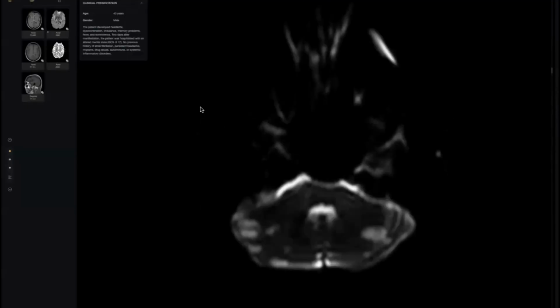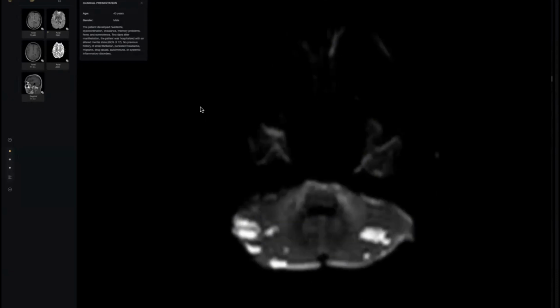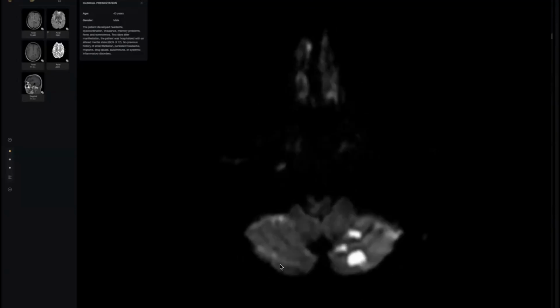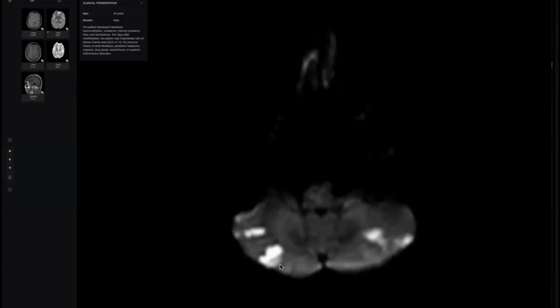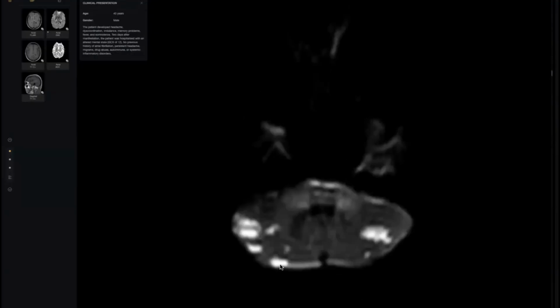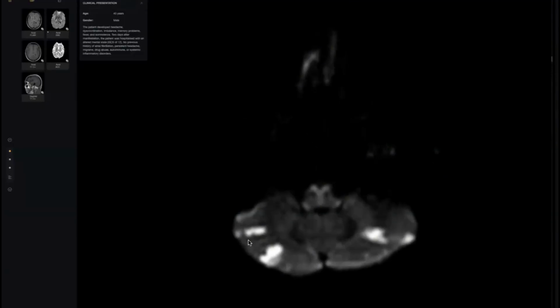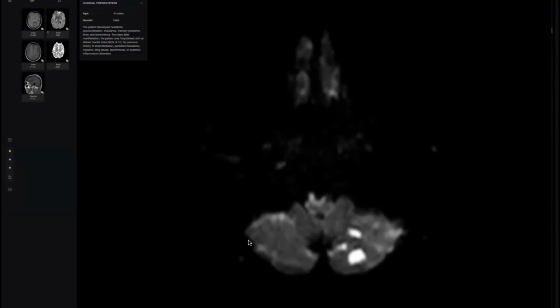See, very restricted strokes, and it looks like a territorial distribution. Doctor, I didn't know what this territorial meant. No problem. At least they are conglomerated in one sector, and if you see here, it looks like a triangular or wedge-shaped distribution. So it is almost territorial. So we are dealing with vasculitis.